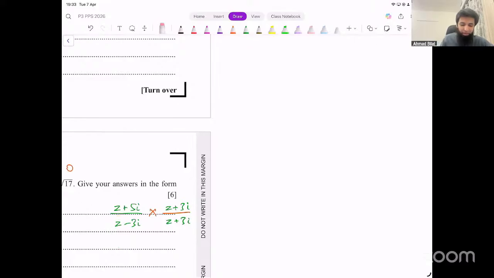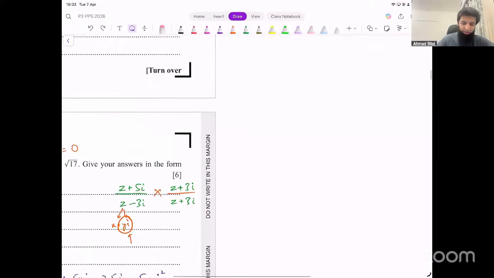To be able to do that, it's necessary that we first break it down into x plus y iota so we can change the sign of this y iota as well. Otherwise, this cannot be said to be the conjugate of this number. That will not be correct. Is that okay? So we have to first split everything into real and imaginary parts. Then we can find conjugates after that. Okay? Achha, let's move on now.